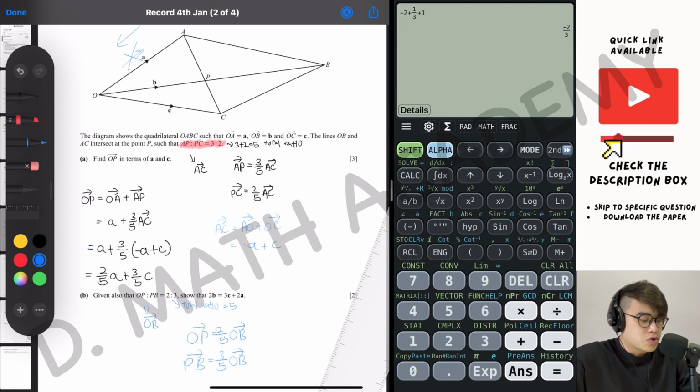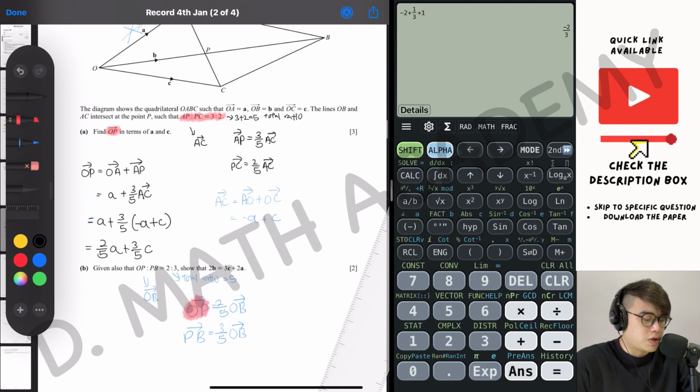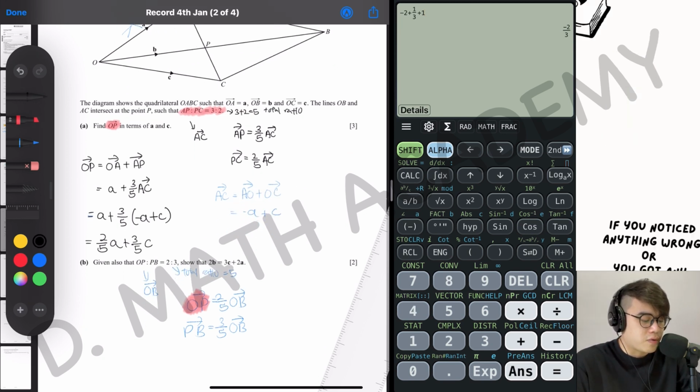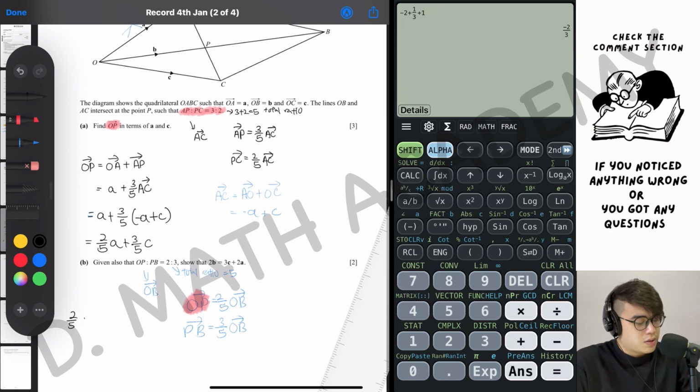There's one thing that I noticed here. The question might be related because they wanted us to use this OP, and you saw this OP repeated once again. So through connecting these 2 points, I would know that my 2 over 5 OB might be equal to OP that we identified.